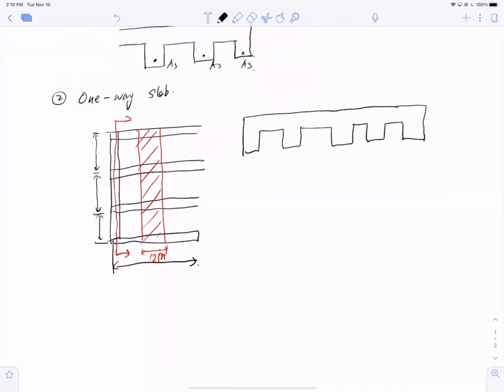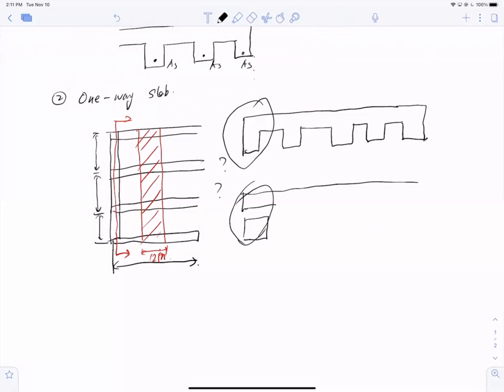To do that, we need to decide whether it is an integrated support or a simply supported case. This will determine whether you can use that number as 24, or minus 16, and so on and so forth. So these are things we need you to understand.